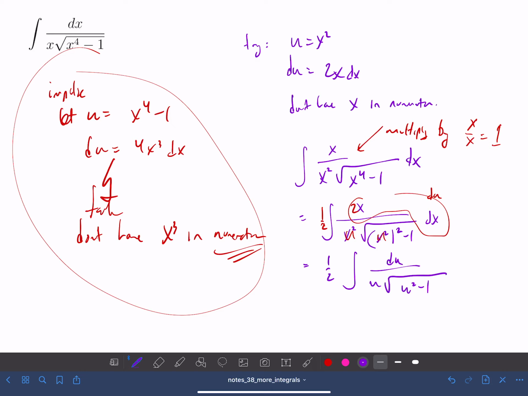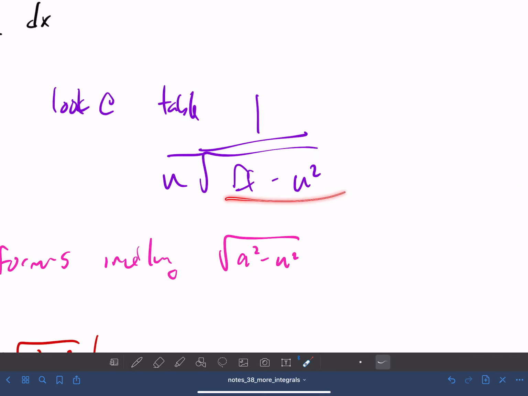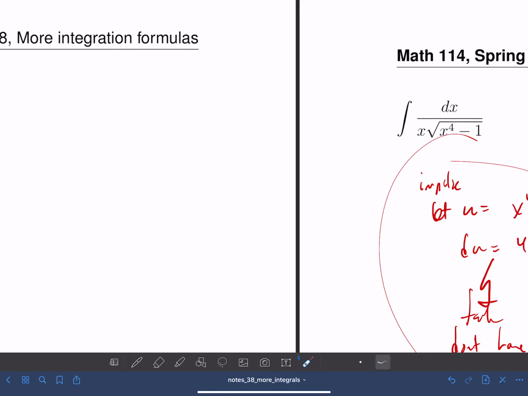Okay, so we made progress, I think. Now we're going to go back to the book and look. It's not the same as the last one. You might say, well, we just did this one. But no, I've got u squared minus 1, and in the previous one I had something minus u squared. Those are different.